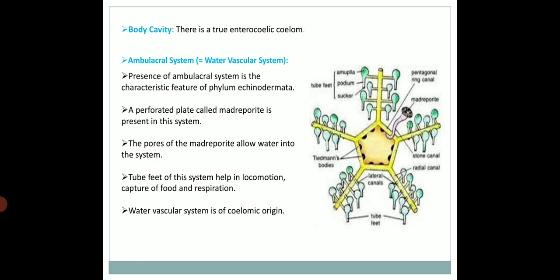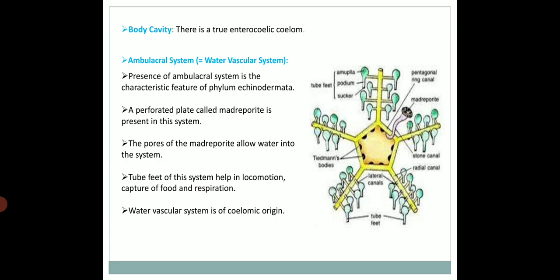Here a perforated plate called the madreporite is present in this system. You can see the picture of the madreporite, and it is connected with the plate where the water gets filtered. The pores of the madreporite allow the water into the system.